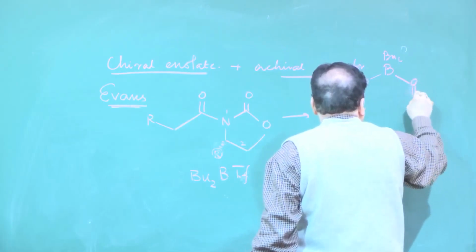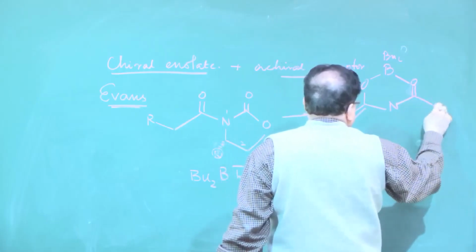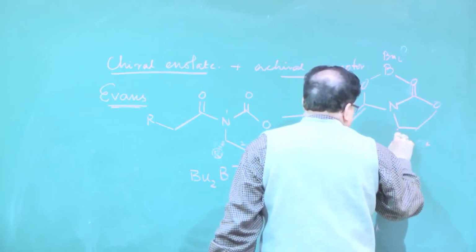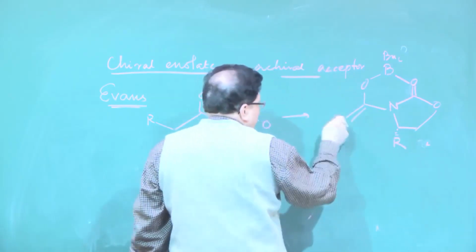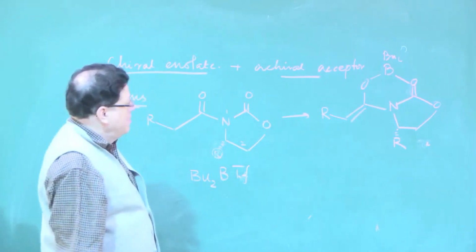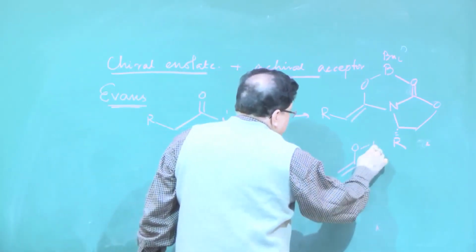Okay, now there are two types of enolates which are possible, either this or you have the other possibility.